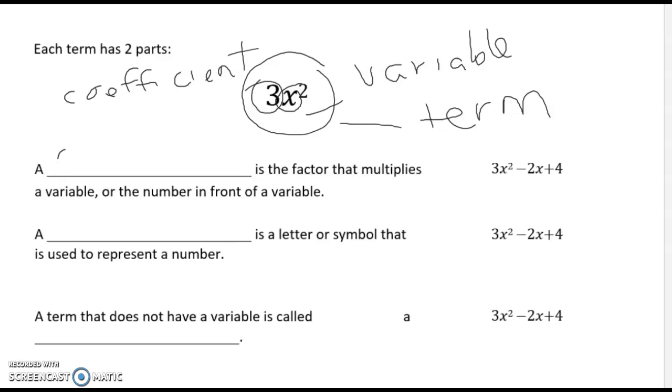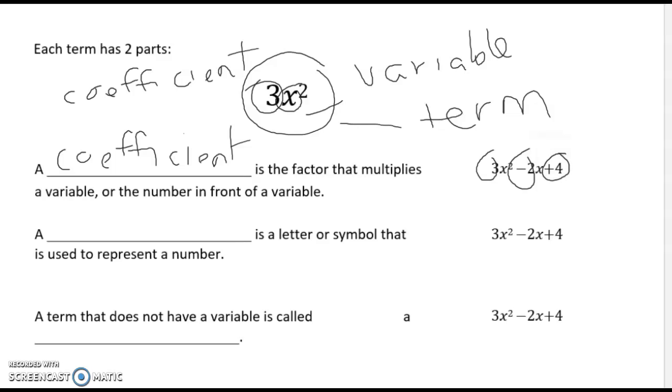So a coefficient is the factor that multiplies a variable, or the number in front of the variable. So the coefficient here would be the 3, the negative 2, and the positive 4.